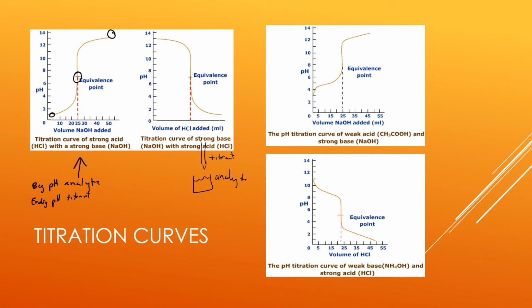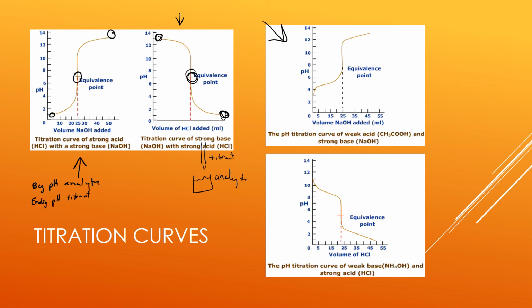If I look at this second graph for my titration curve, my beginning pH starts very high, my ending pH starts very low, and my equivalence point is at 7. So this means that I have a strong base as my analyte and a strong acid as my titrant. My equivalence point is at 7, so that tells me that I have a strong titration.